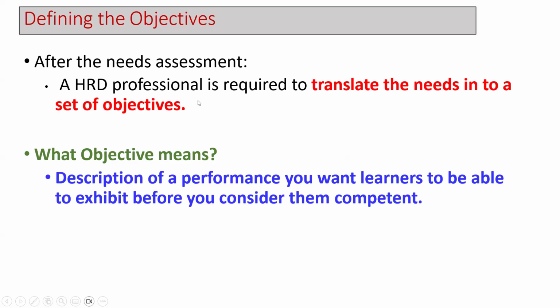Defining objectives. After the needs assessment, the HRD professional is required to translate the needs into a set of objectives. As you know, once the needs are identified, HRD professionals are required to translate those needs into objectives. Why? Because in the training and development or HRD program, we are basically going to achieve those objectives. Then measurable, achievable, and realistic objectives need to be developed, from which we can have a framework for conducting the HRD program.